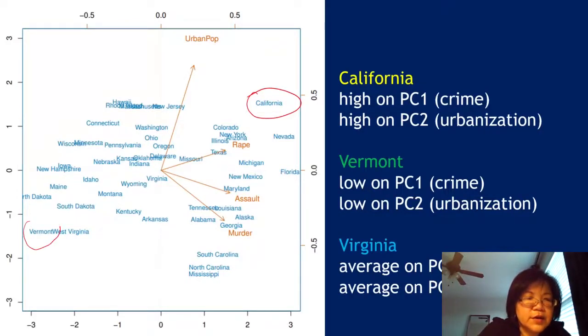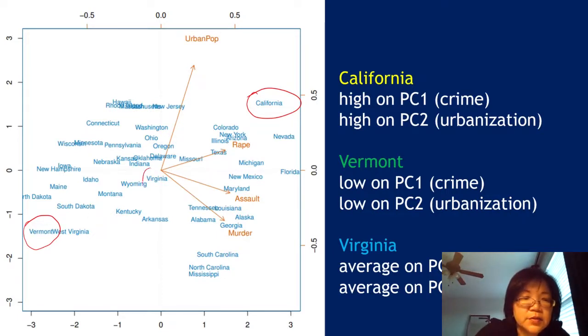Vermont over here, on the other hand, is pretty low on both principal components, very low on crime and also very low on urbanization. So you can basically argue that California and Vermont differ from each other significantly. You can segment these 2 states very well just by looking at these 2 big vectors.